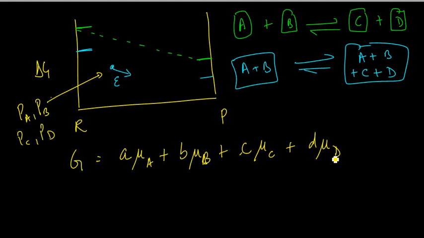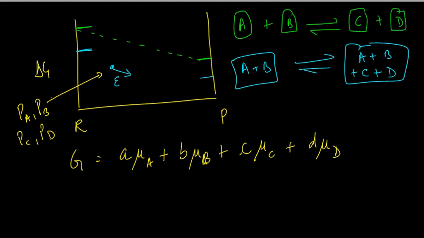And then I increase the amount of C and D by some amount epsilon. So epsilon is kind of a reaction parameter.